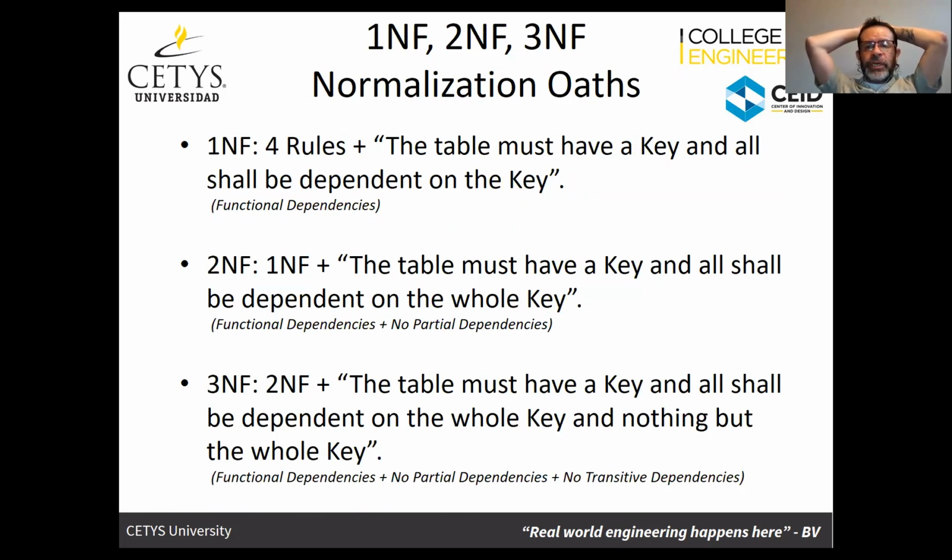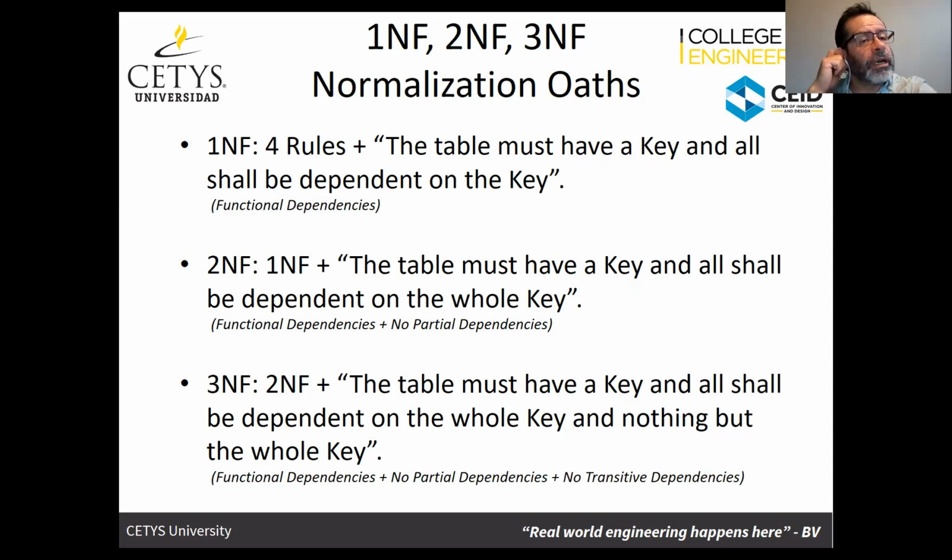So there are three normalization oaths, or how are we going to remember this? For the first normalization, we've got 4 rules, and the table must have a key, and all shall be dependent on the key. That's a functional dependency. The first normal form says that there are 4 rules.